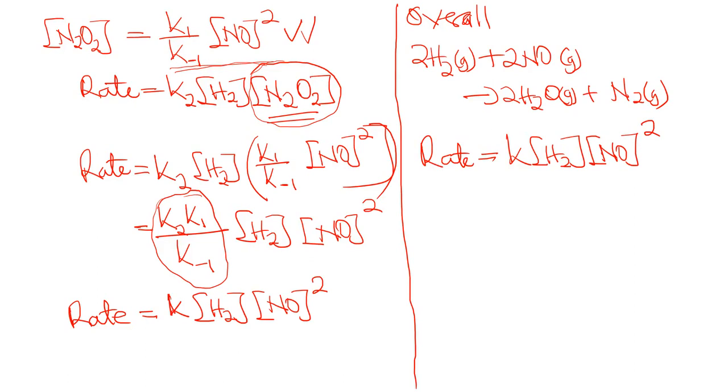And you need to take note that the rate of reaction does not depend on stoichiometry. It does not depend on this coefficient at all. You can see here there is 2, but here there is 1. Here there is 2, here there is 2. It's just a coincidence. So the rate of reaction does not depend on the coefficients of the overall chemical reaction, but it depends on the coefficients of elementary reactions.